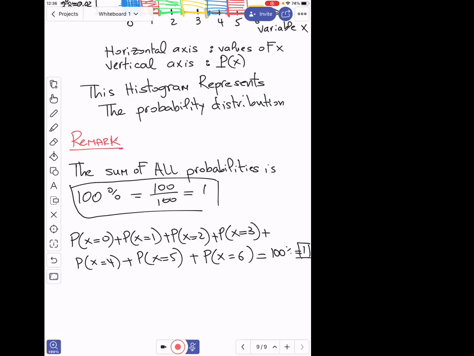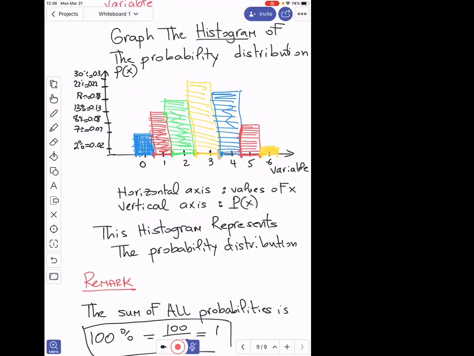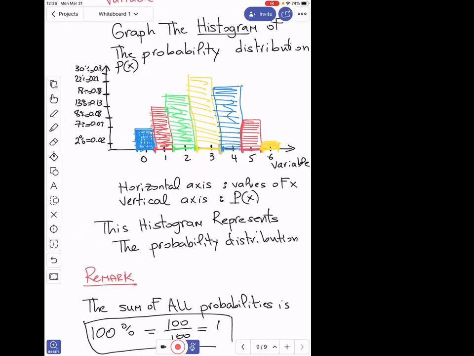So in other words, guys, the area here in the histogram, the area under the graph, you have this histogram. So we have this graph. If you take just this graph right here, then the area under the graph would be equal to 100%, would be equal to 1.